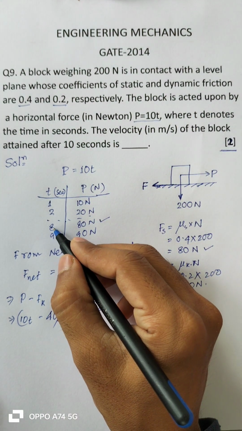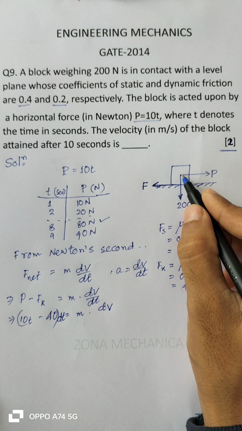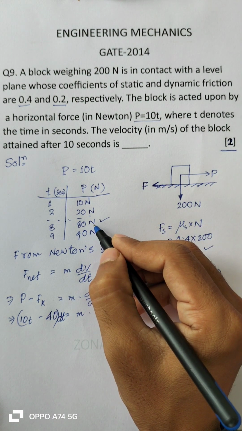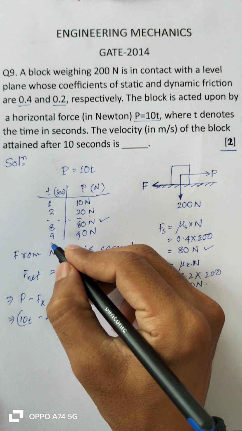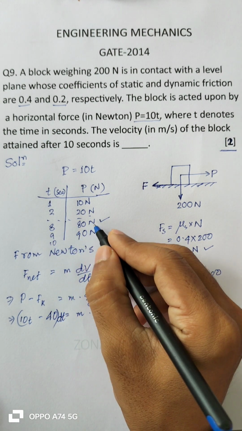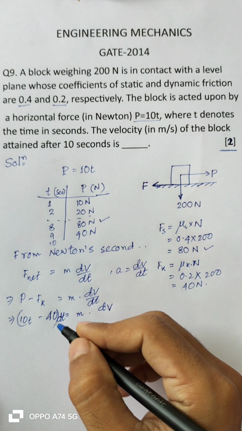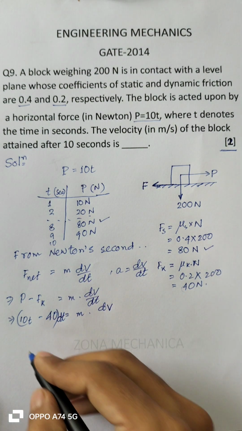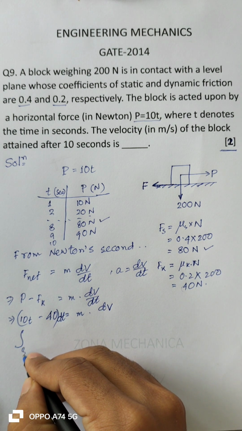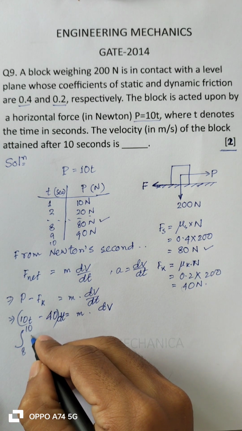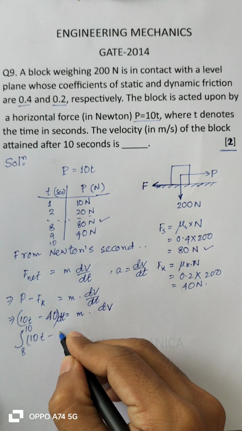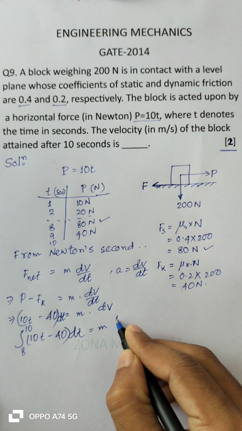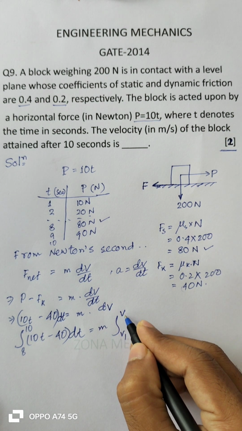At 8 seconds the block starts moving, so we have to concentrate on 8 to 10 seconds. So we integrate from 8 to 10 seconds, 10t minus 40 dt, equal to m into the integral of dv from v1 to v2.